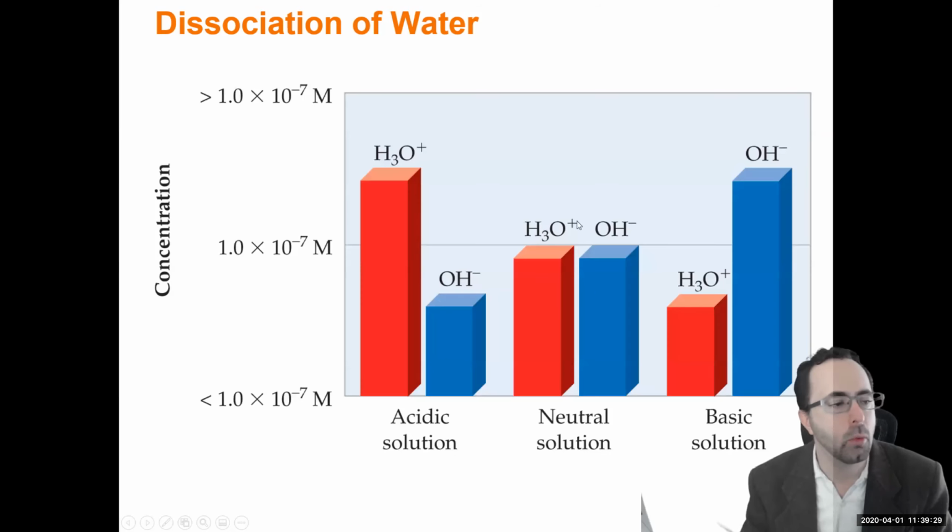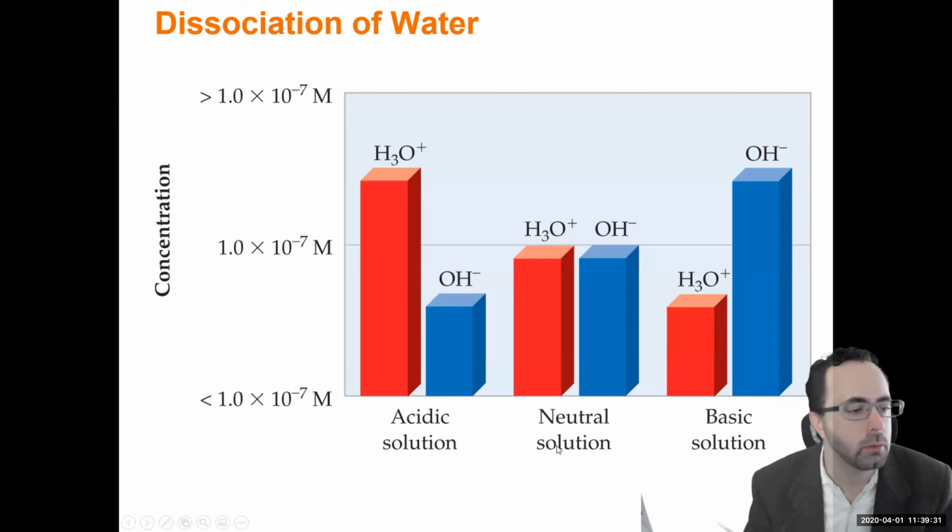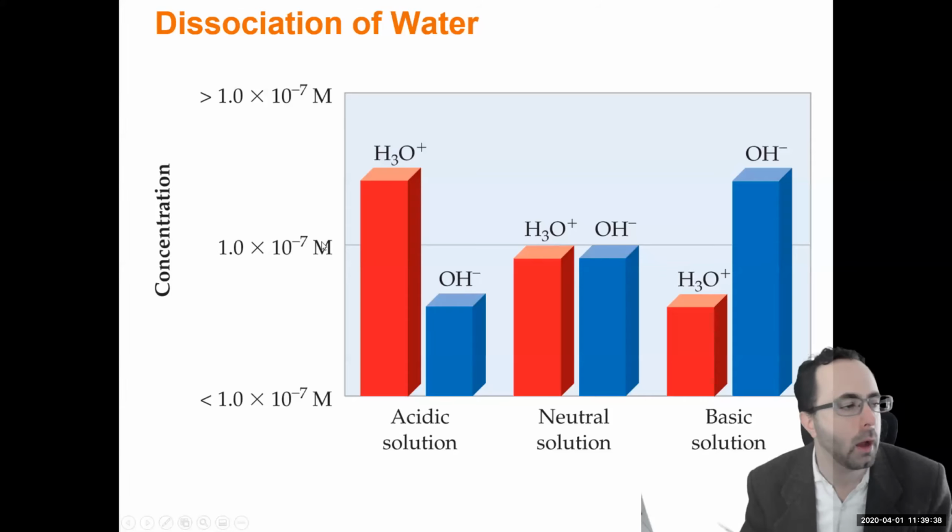So if we've got pure water or a neutral solution, hydroxide and hydronium will be the same. They'll be 1 times 10 to the minus 7 in molar concentrations. However, if we have a higher hydroxide concentration, the hydronium concentration must be lower so that they'll still multiply to 1 times 10 to the minus 14.